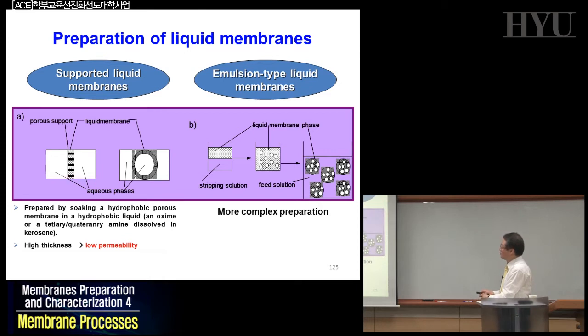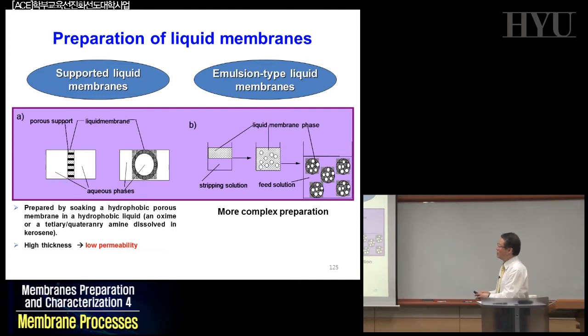A much more complex system is the emulsion type liquid membrane, ELM. An emulsion liquid membrane is one where you have a stripping solution, then you put in the liquid membrane phase, which contains surfactants and dispersing solutions, so that you can mix them together to remove the oil systems.